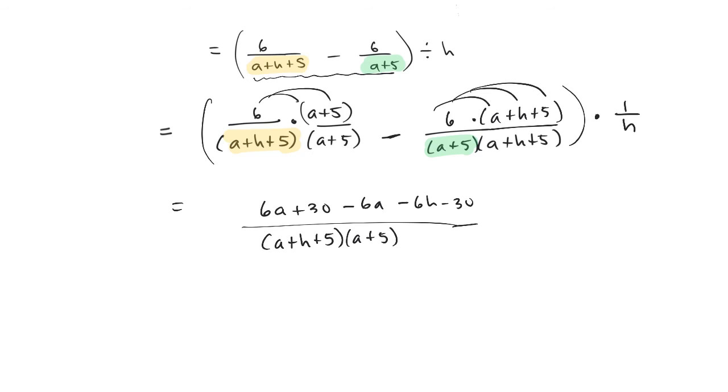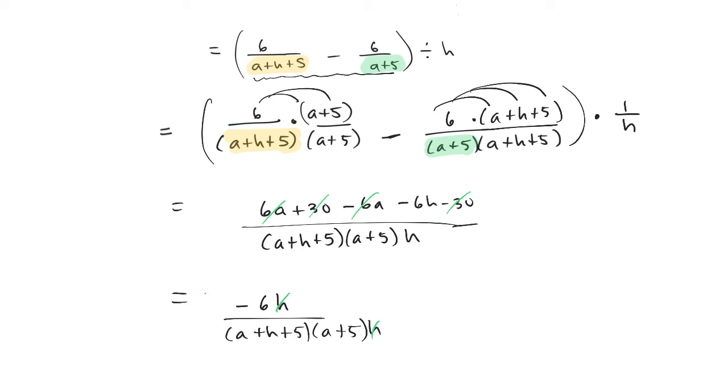And then I have this times 1 over h, so my h can come over into my denominator. And then our 6a's add up to 0, our 30's add up to 0. So I'm just left with negative 6h all over a plus h plus 5 times a plus 5, all over h, and then our h's cancel.